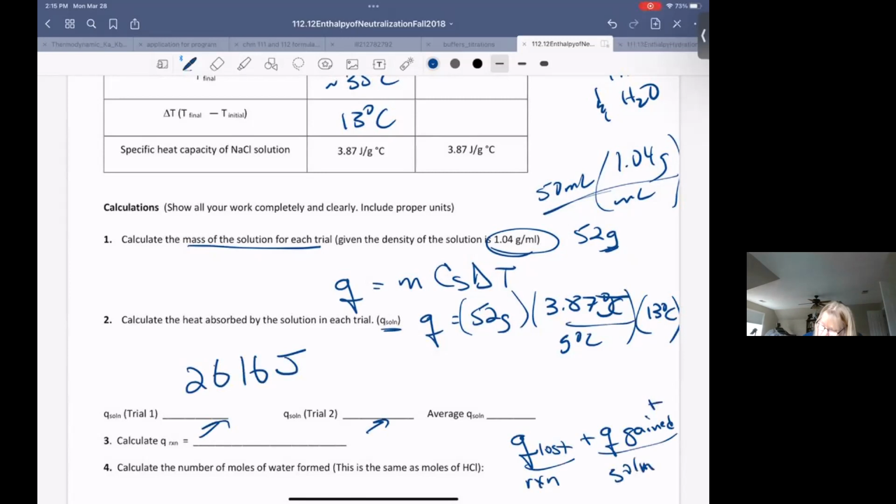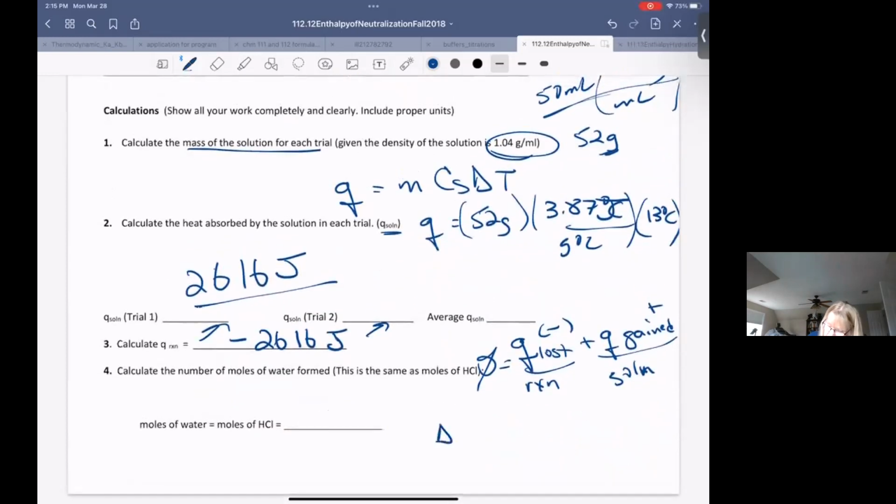Remember that this is positive, so this is going to be negative, and that has to add to 0. So if I have gained 2616 joules for my solution, my Q of my reaction is going to be minus 2616 joules. I want to know what my delta H is. Remember, my delta H for a reaction is going to be the heat of my reaction.